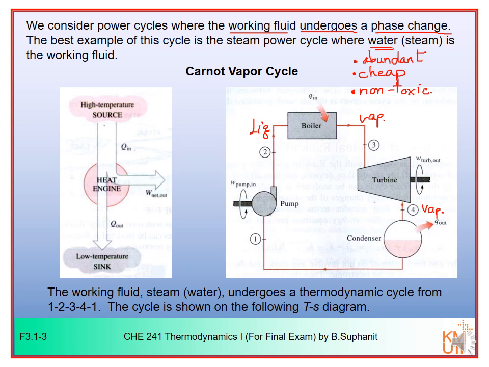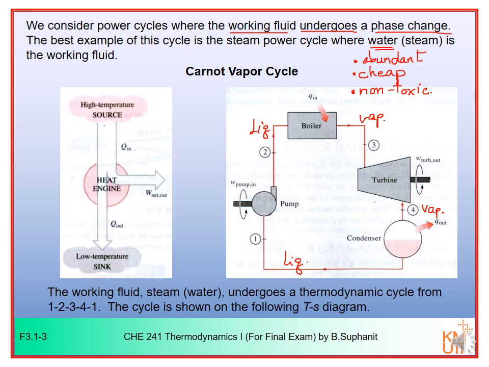The vapor will be condensed in the condenser to return the vapor into the liquid and continue the loops at point number 1 again. So you can see that in this power cycle, the working fluid can change the phase in the boiler and in condenser. In the pump, the working fluid would be liquid, but in the turbine, the working fluid will be vapor.